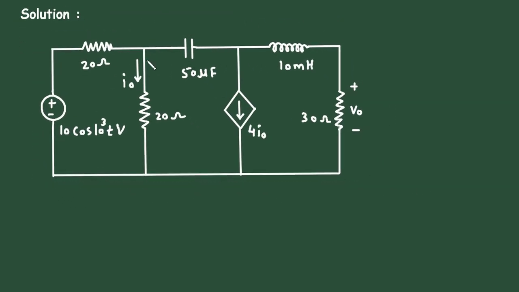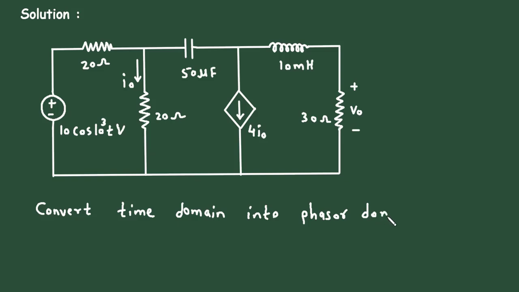Now, as we can see, these values are given in time domain format, so we will convert this into its equivalent phasor domain format. Convert time domain into phasor domain. So here this is 10 cos 10 to the power 3t volt.